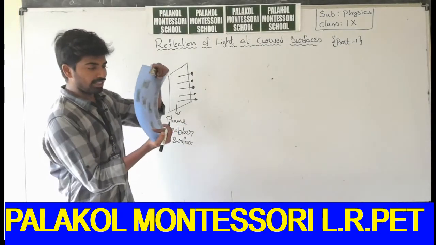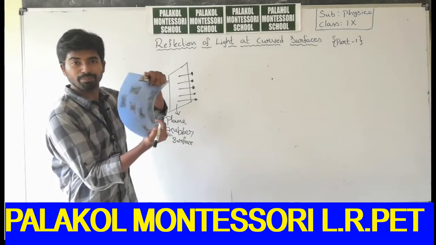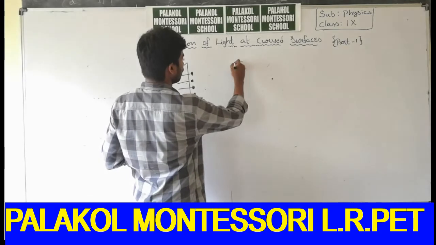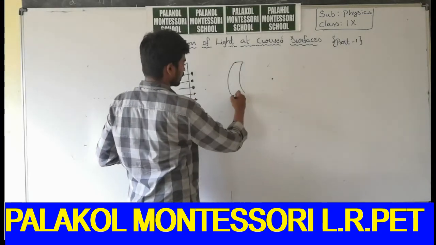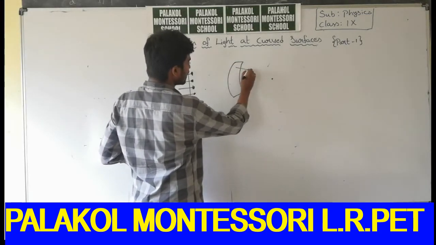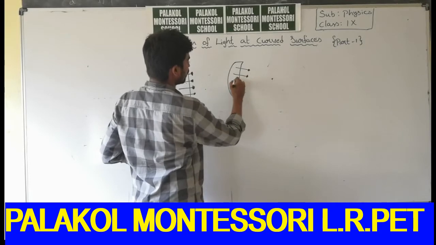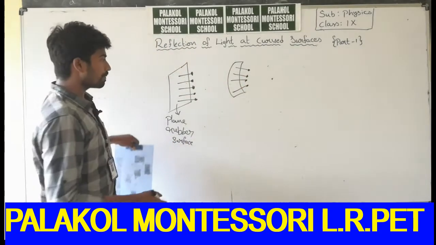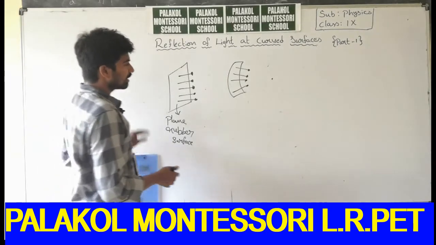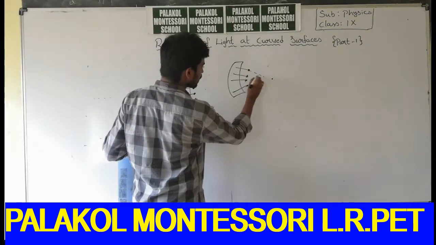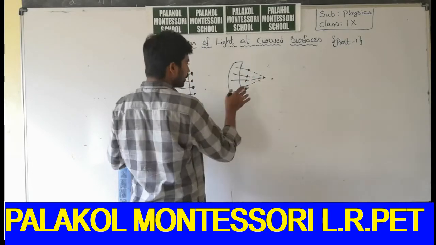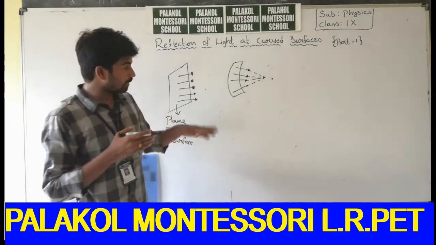If you bend the rubber plane like this, the plane surface will be bent and the nails will be situated like this, right. If you observe the nails, they are pointing towards a fixed point. They are converging to a point.